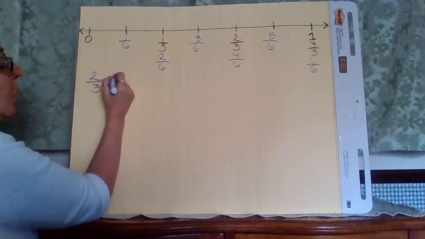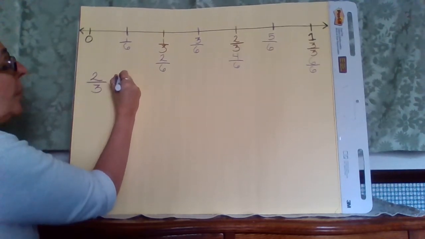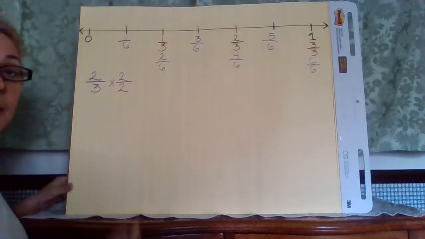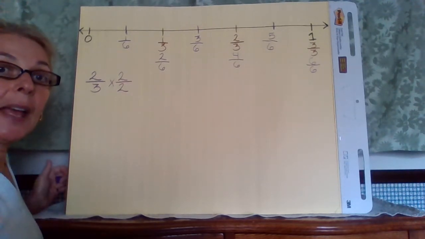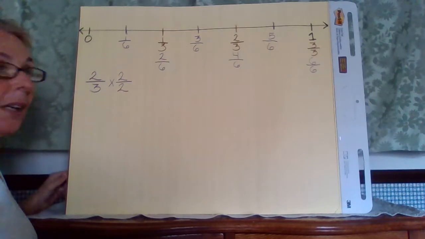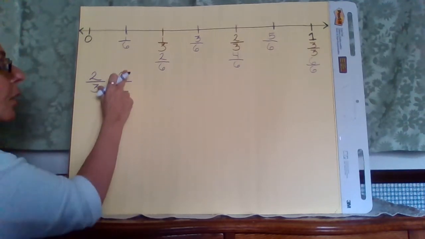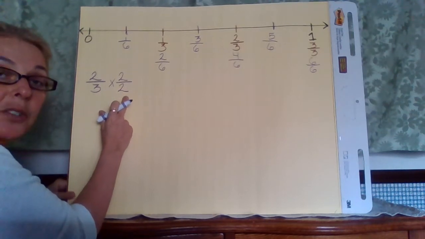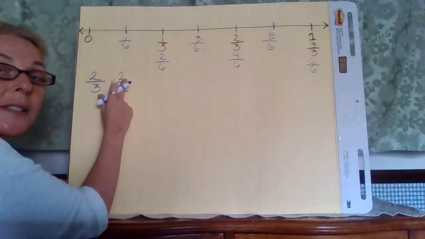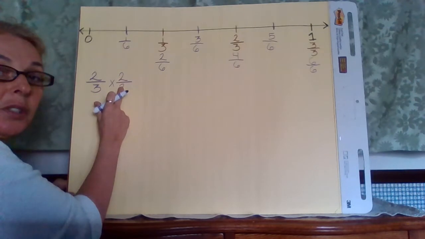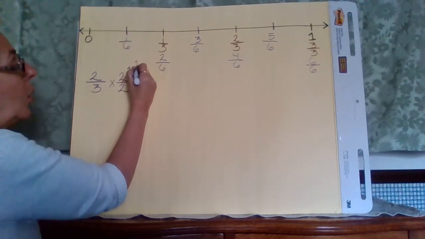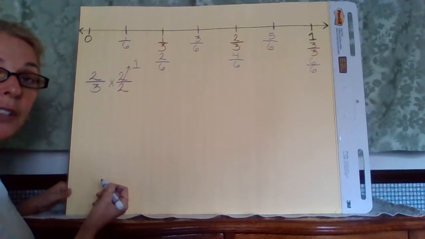So I'm going to double the number of parts that I have in my numerator and my denominator. Notice we multiply our numerator and denominator by the same number, and what we're actually multiplying by is 1 whole, because 2/2 is equal to 1 whole. That's why equivalent fractions work.